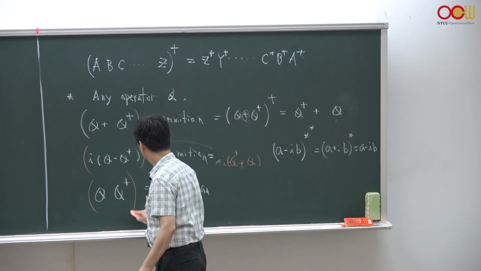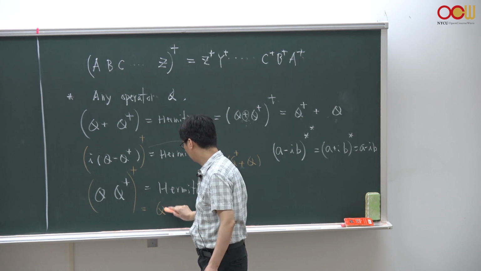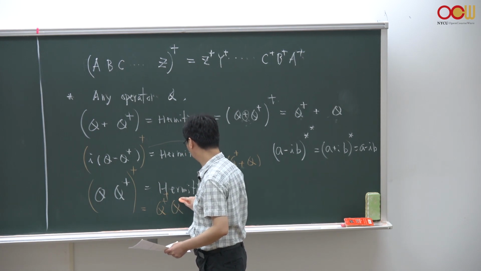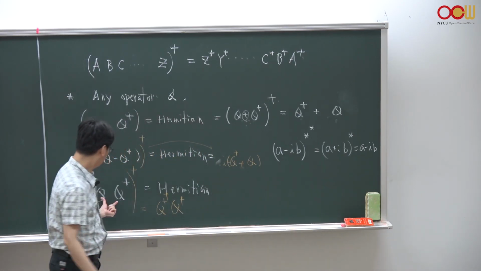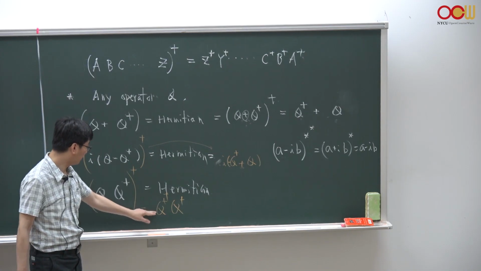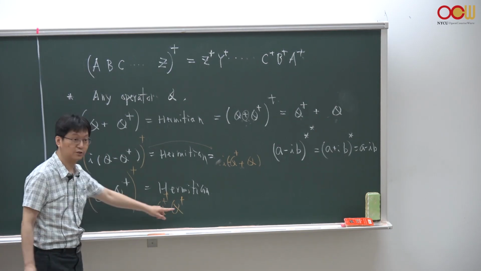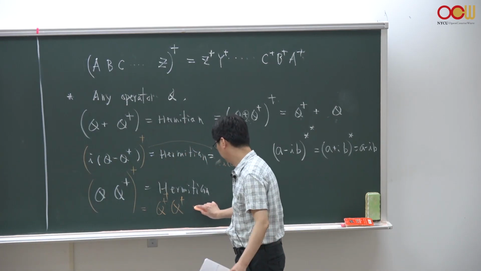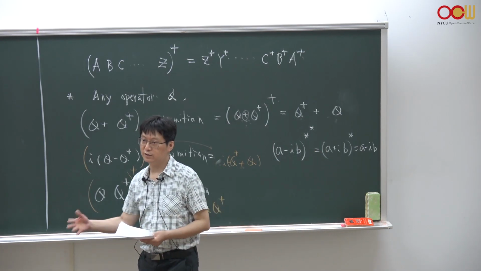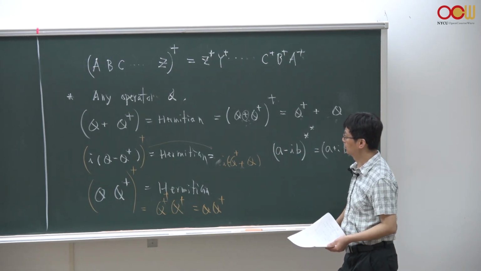Again, for the product, you put a dagger and you get Q dagger dagger and Q dagger, because you need to switch the order between Q and Q dagger when you take the dagger on the whole thing. On the left, you get Q dagger with another dagger; on the right, it's just a single dagger. So this is the same as Q dagger Q. You can imagine that you have an infinite number of ways to construct a Hermitian operator made of any operators.